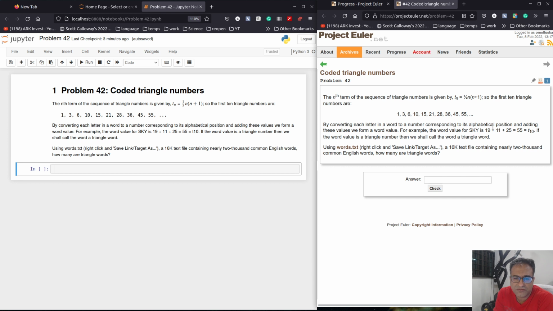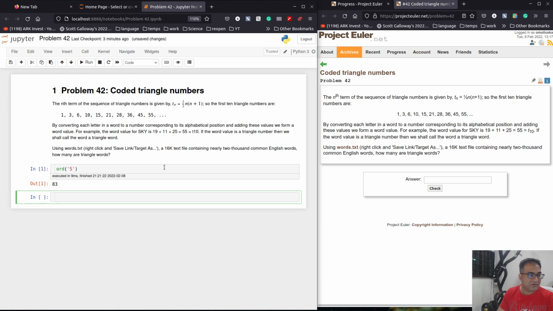They're converting each letter of a word into a number corresponding to its alphabetical position and adding these values. Okay, so for something like SKY, I have to first figure out, I think it's ord of S minus ord of A plus 1.